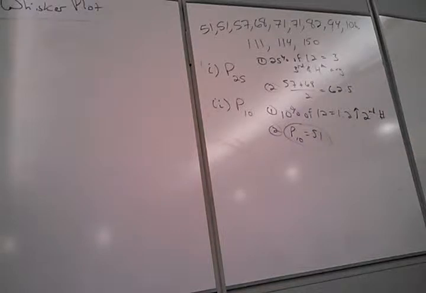So let me give you the idea of the 5-number summary. We already know one way to summarize a list of data is to give me 2 numbers, the mean and standard deviation.